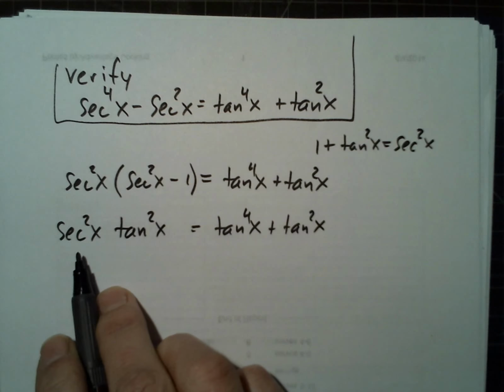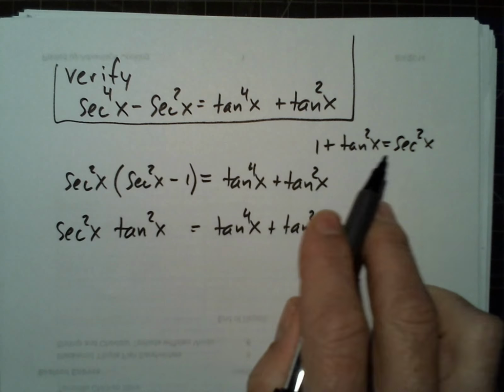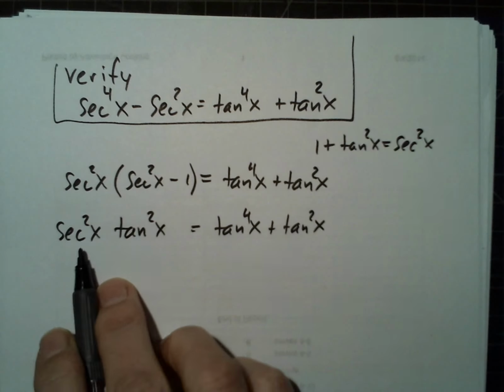And then we can replace secant squared with 1 plus tangent squared because we don't want secant.